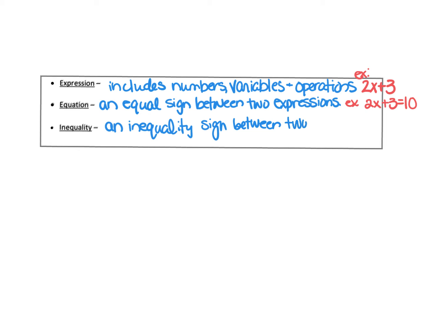And an inequality sign can be greater than, less than, greater than or equal to, or less than or equal to. An example of that might be 2x plus 3 is greater than 10.